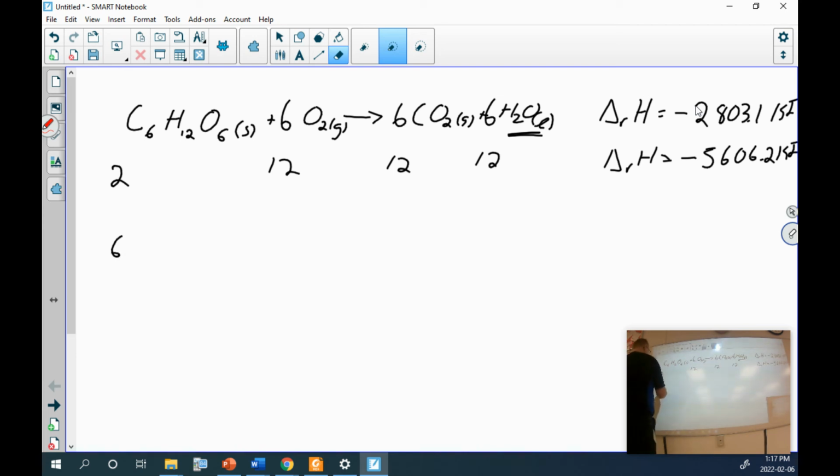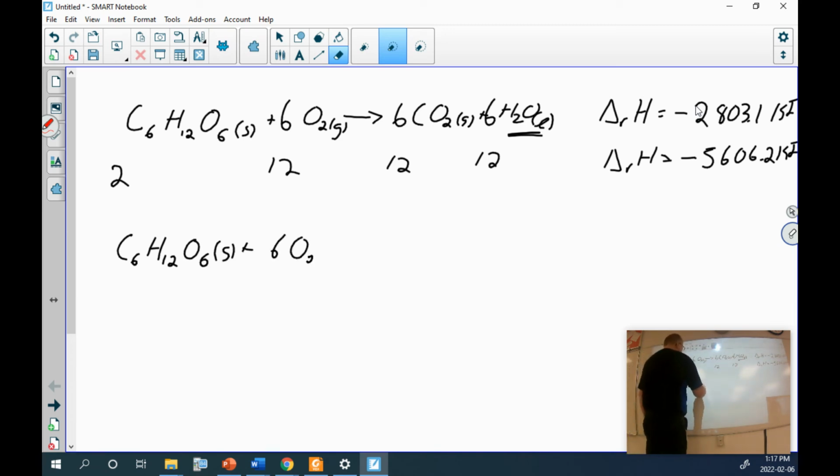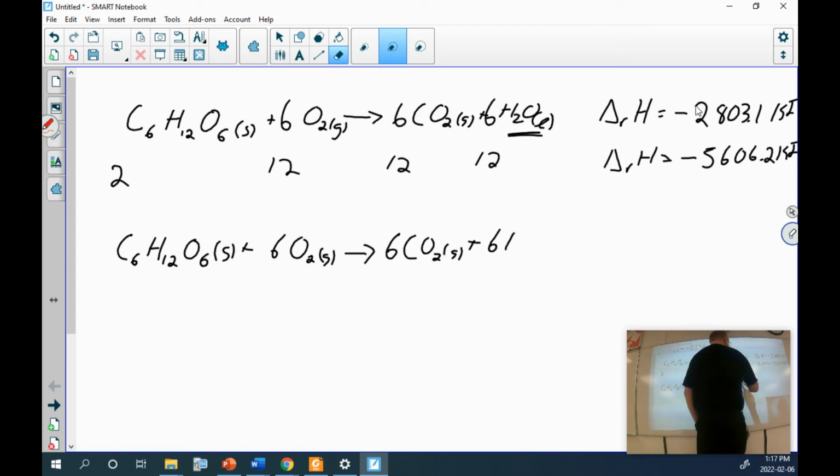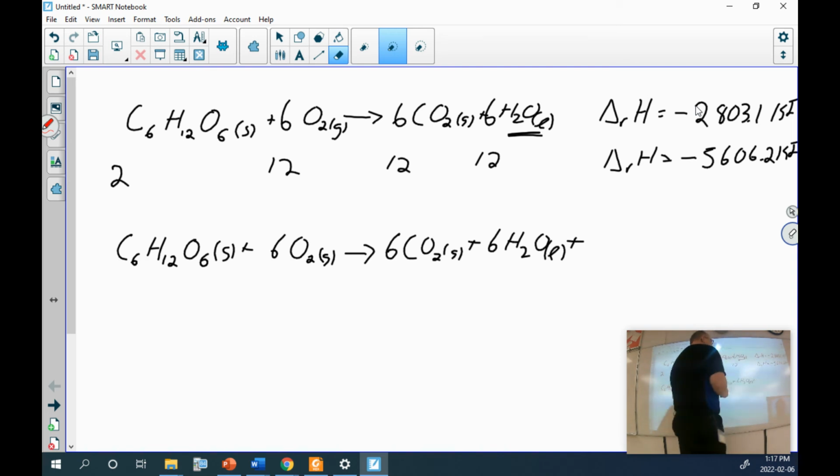Now, the thermochemical reaction: energy is released, energy is a product of this reaction, so I'm going to put it on my product side and add it.